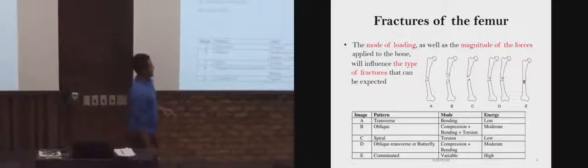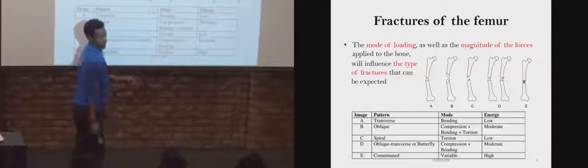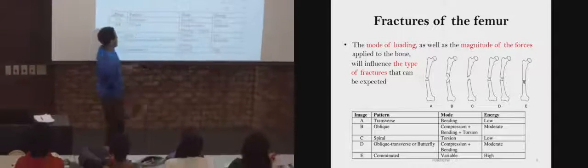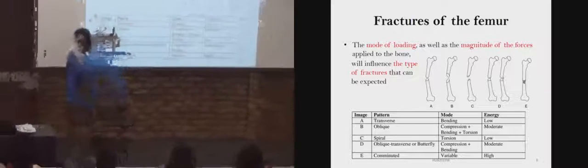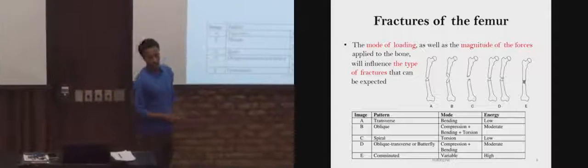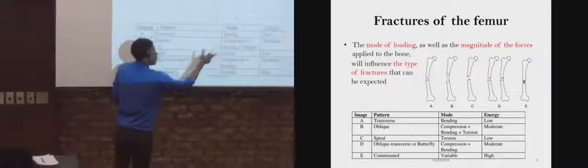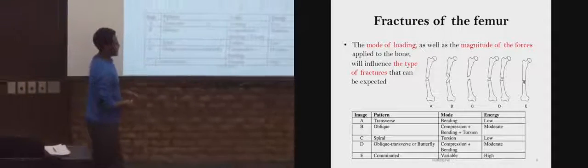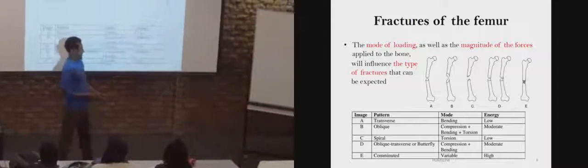Compression plus bending plus torsion with moderate energy may result in an oblique kind of fracture. Torsion with low energy may result in a spiral kind of fracture. Compression plus bending with moderate energy may result in an oblique transverse or butterfly kind of fracture.